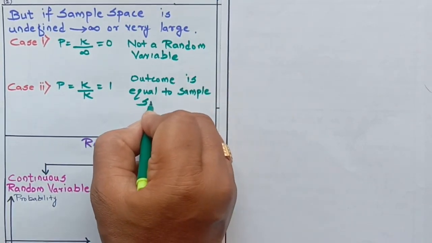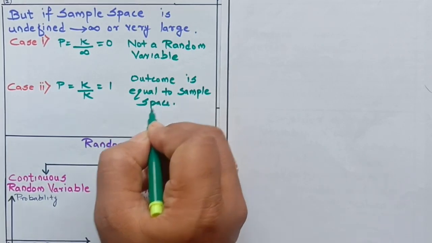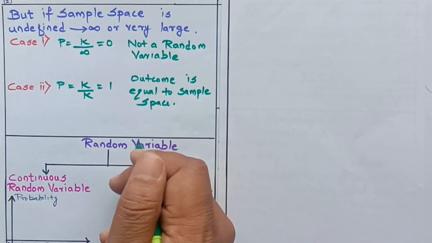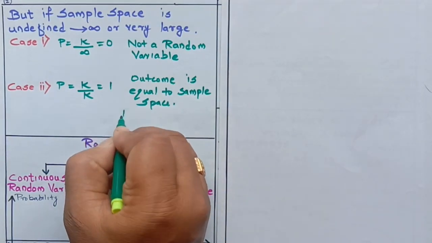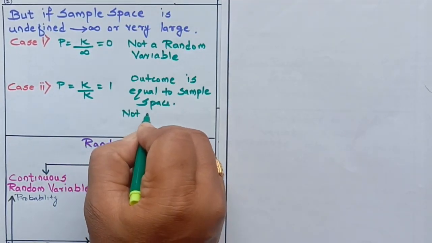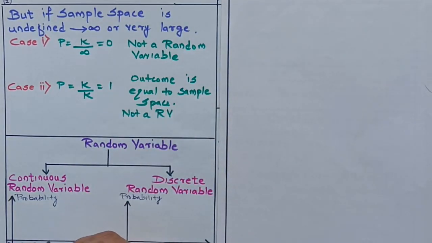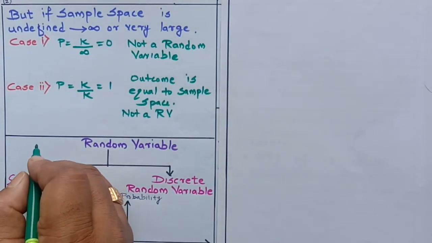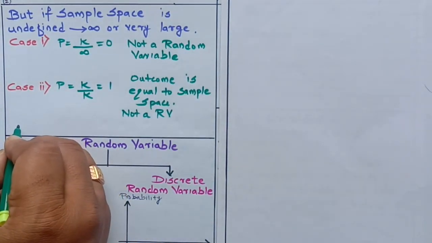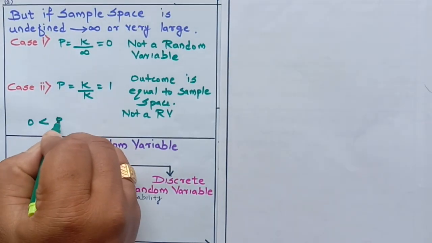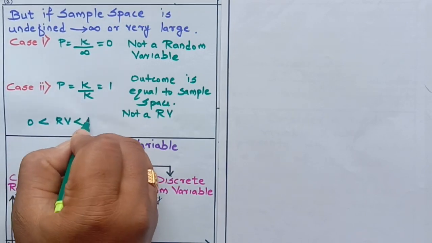If it is so, we couldn't say that it is random. There is no random variation. So that's why it is also not a random variable. So we can say that the probability of a random variable lies between 0 and 1.